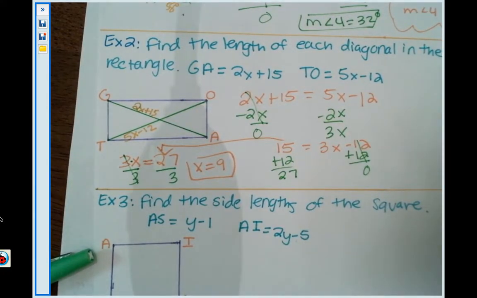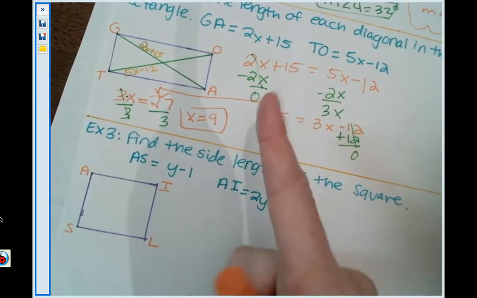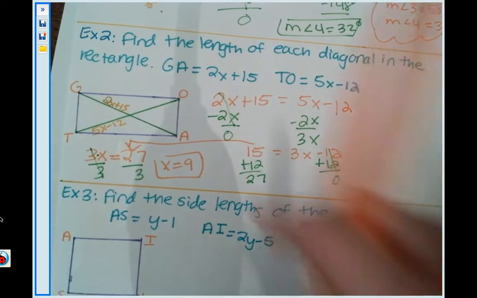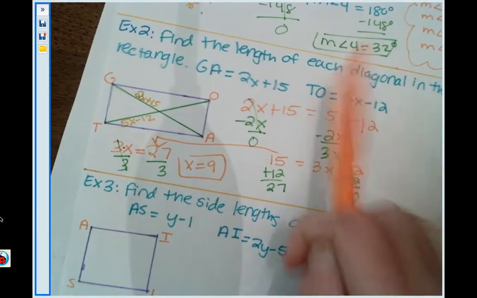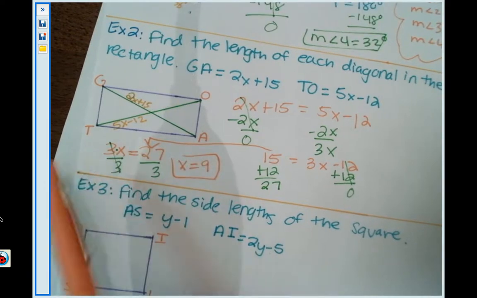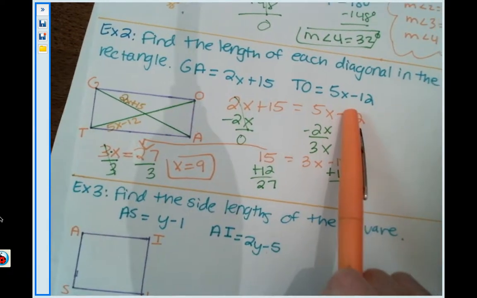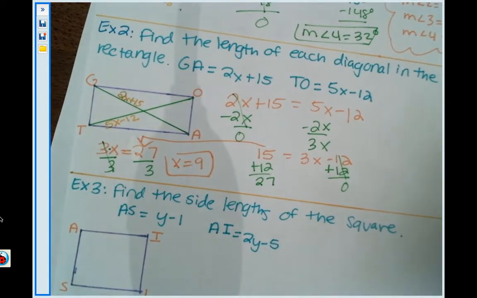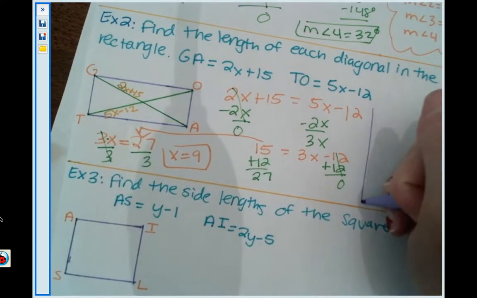Sorry about that. Alright, but we are not done. Remember, in geometry, you are not necessarily done after you find x. It says find the length of each diagonal. So we need to find the length of GA and TO, and now that we have x, we can figure out what those will equal, which I'm going to do over here.